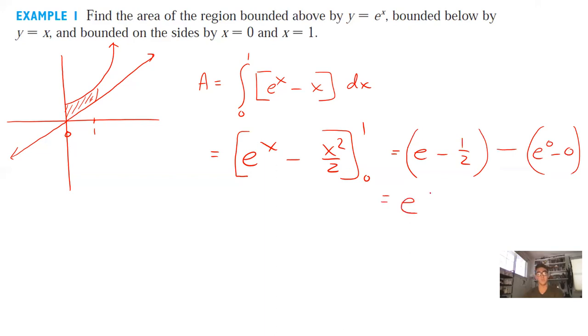And Kate already said it here, e to the 0 is 1. So e minus 3/2, or e minus 1.5. Either one is just fine.